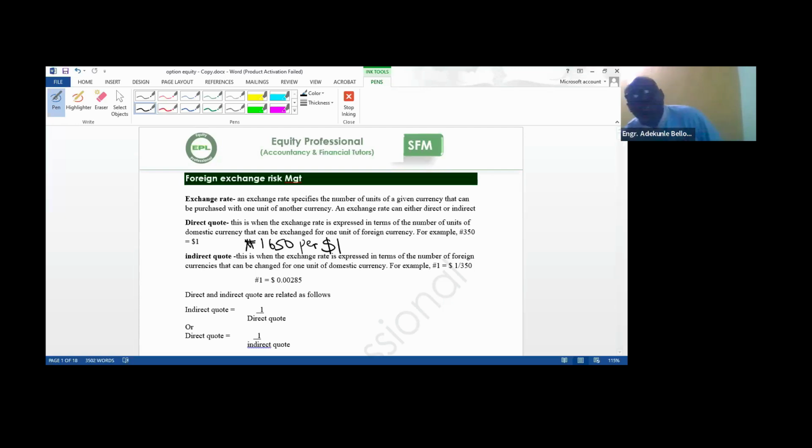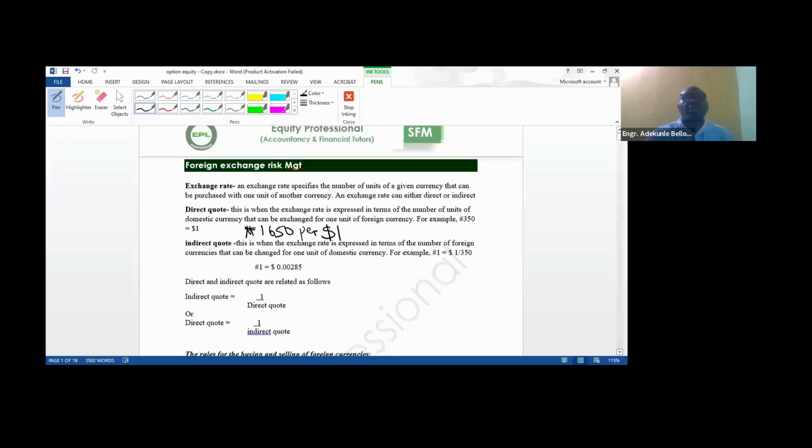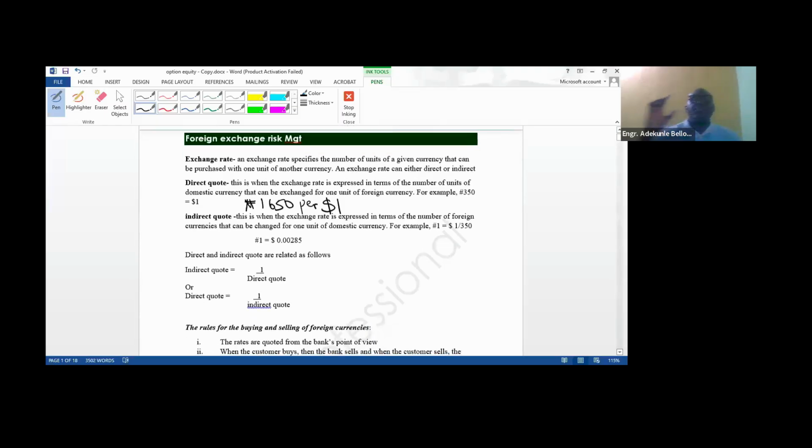Number 2, indirect quote. An indirect quote is a situation where the exchange rate is stated in terms of the number of units of foreign currency that can exchange for 1 unit of domestic currency.